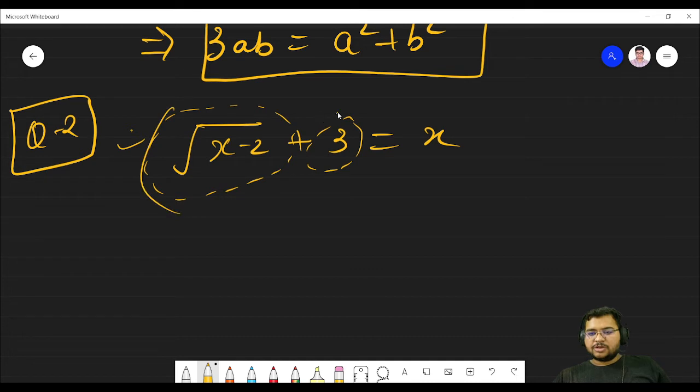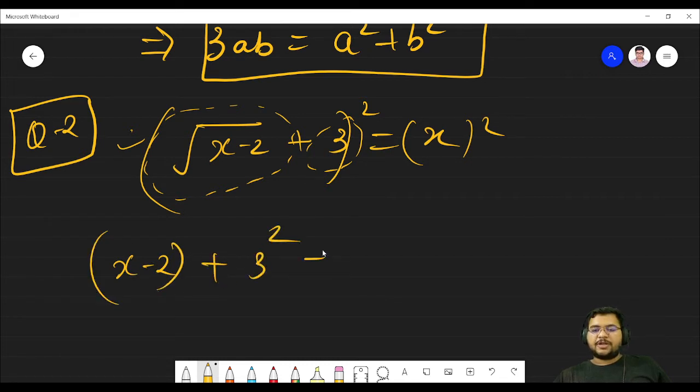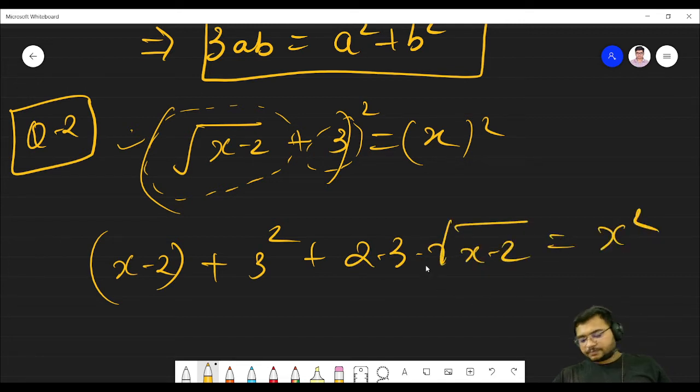When you try to square the left hand side and the right hand side, this will be formed: x minus 2 plus 3 square plus 2 times 3 into root x minus 2, and it will equal x square.